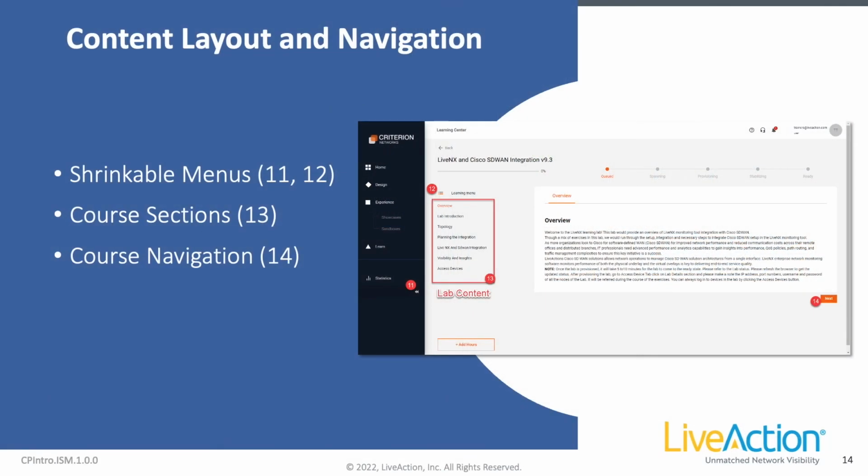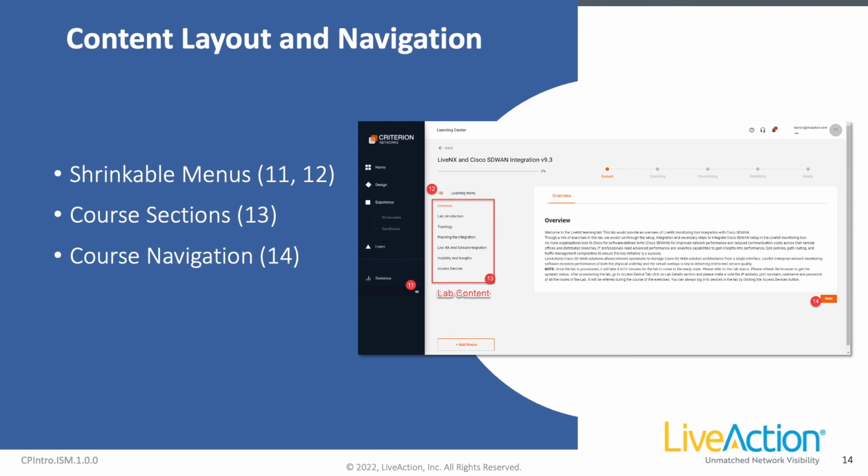Within the lab environment, you still have the option to hide the main menu on the left, shown at 11, and you can also hide the lab learning menu to show the content full width, shown at 12. The sections of the lab shown in the boxed outline are clickable links and will indicate where you are in the content. Your current section is highlighted in orange.